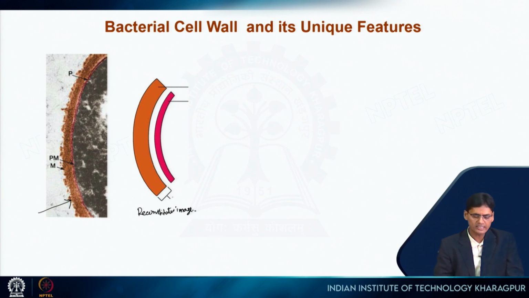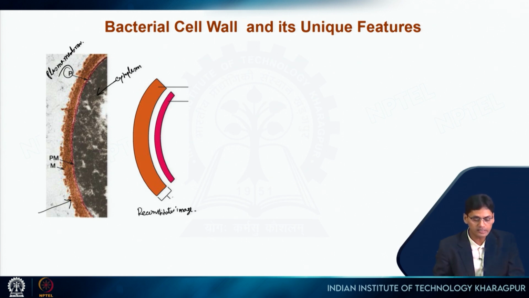Now as you can see, this is cytoplasm, and this P here stands for plasma membrane. So this is PM. PM means plasma membrane.